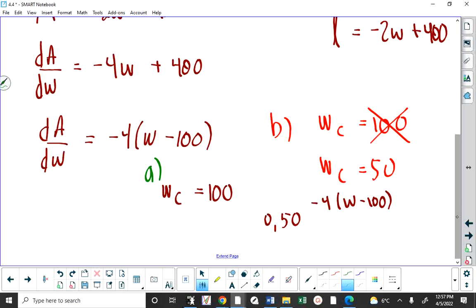So -4 is negative, W minus 100 is negative. What does that mean? It means that dA/dW is positive. What does that mean? It means the area is increasing over that interval. So if it's increasing everywhere from 0 to 50, then it must max out at 50.